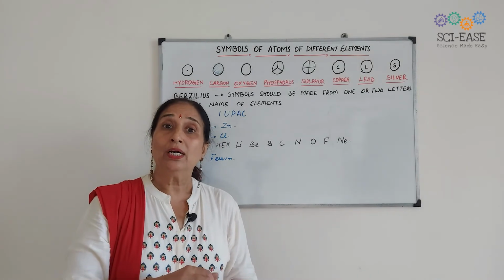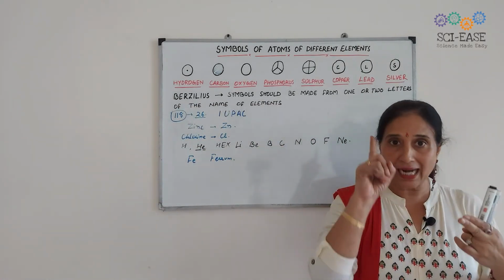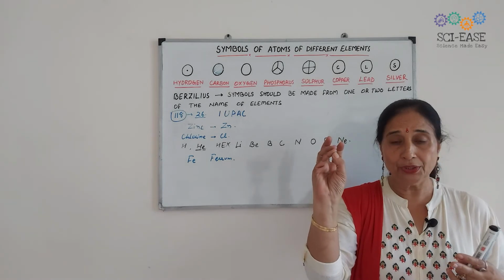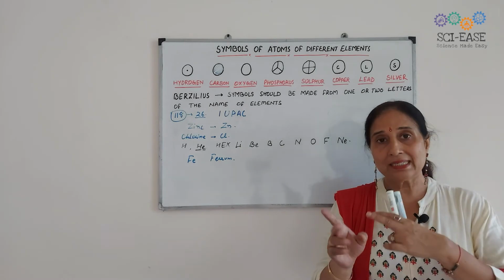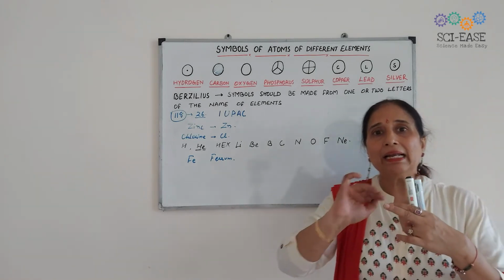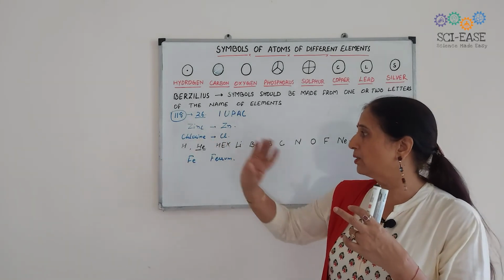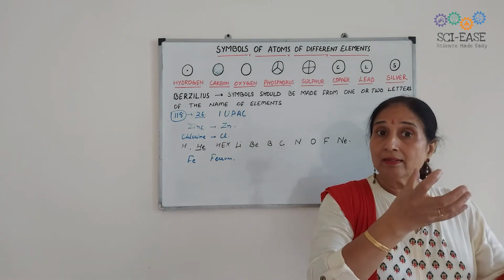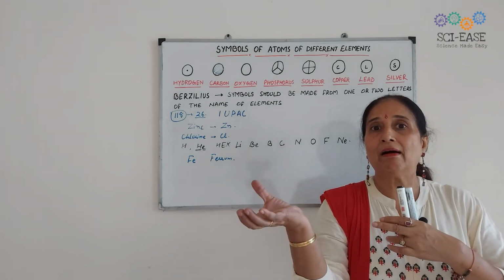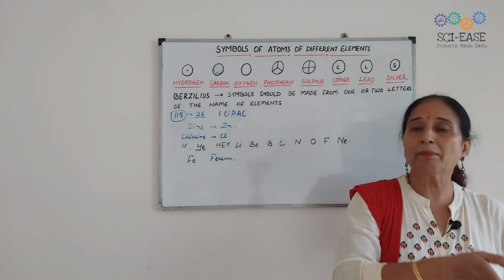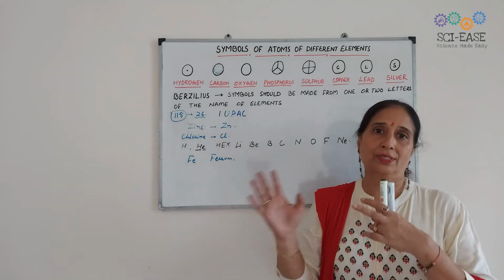So the symbols may be from the starting letter, as I have told you. They may use the first letter and the second letter or any other letter which is in the name, like I have taken the case of zinc and chlorine. Then the symbols may be from the place where they were discovered, or from Latin or Greek words also.